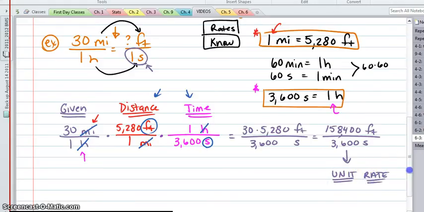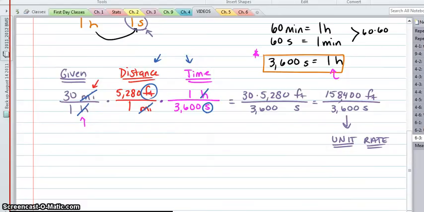To get a unit rate, we will divide 158,400 by 3,600, and voila, you get 44. Now, keep the units: 44 feet per second. This happened to work out really nicely, but always read your directions. If you need to round to the nearest tenth or hundredth, please do so if necessary.